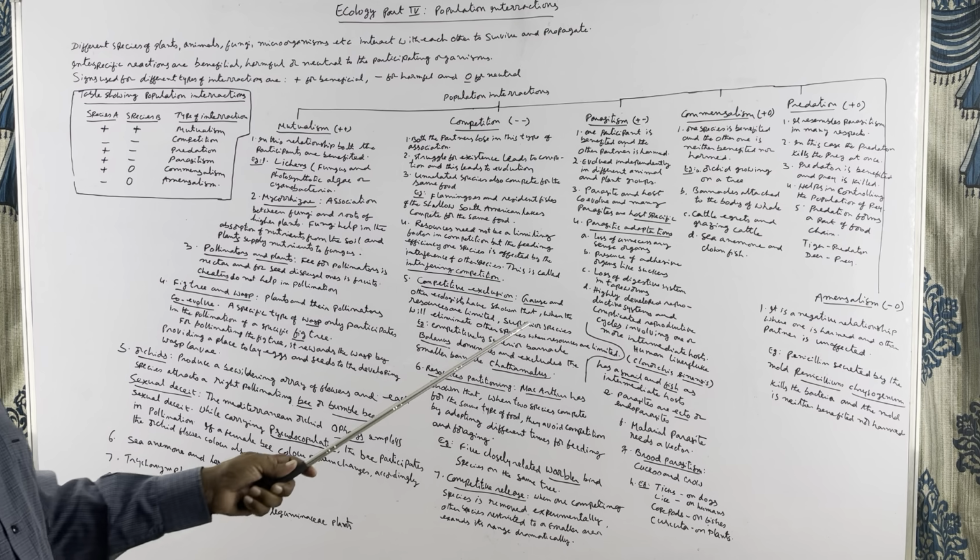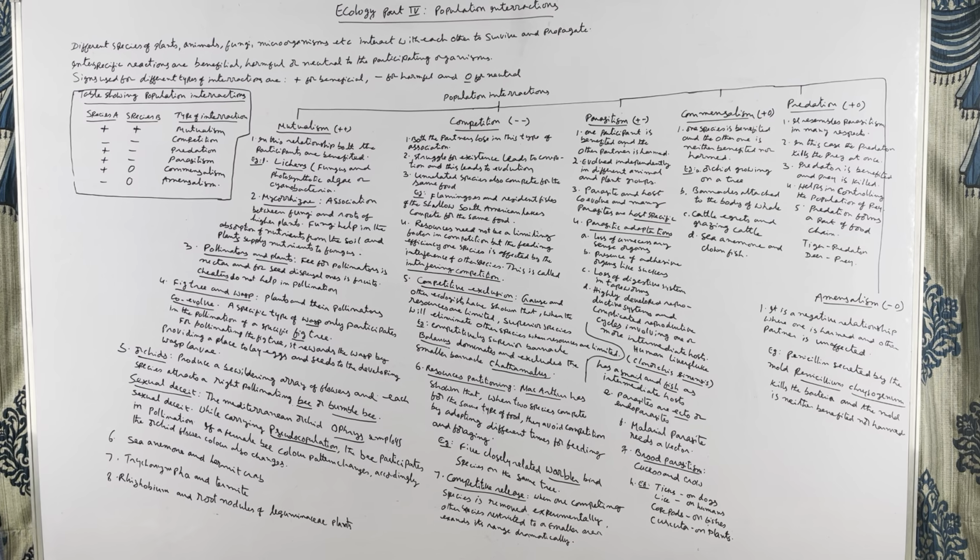Then, let's see what the adaptations of parasites are. Parasites lose unnecessary sense organs. In the endoparasites, much of the nervous system is degenerated because it is not required for any active life.